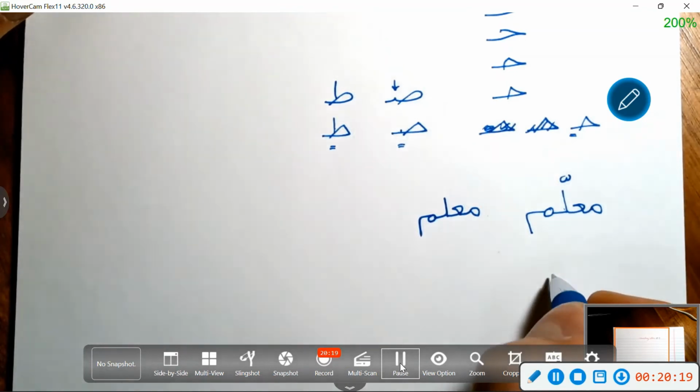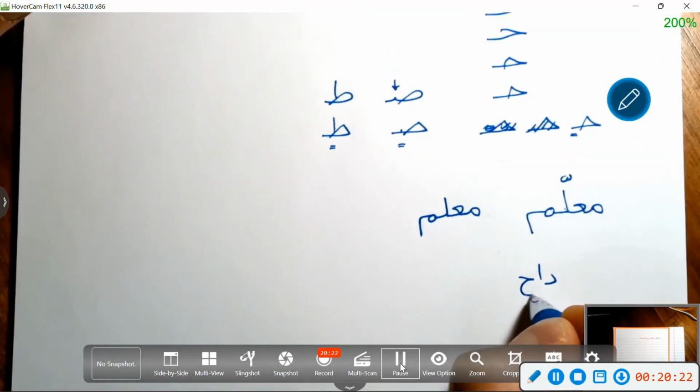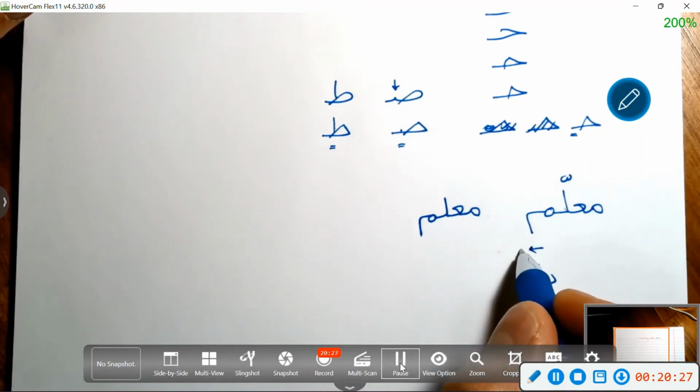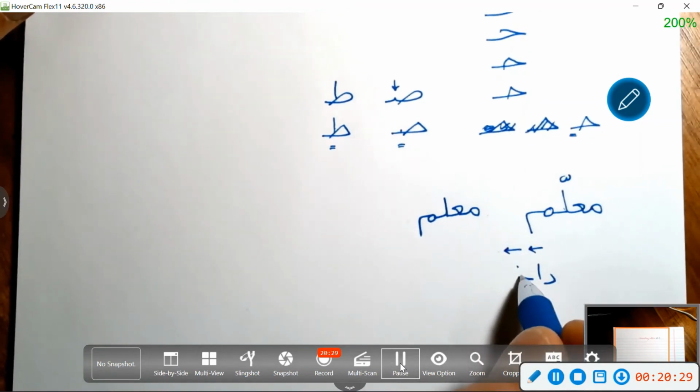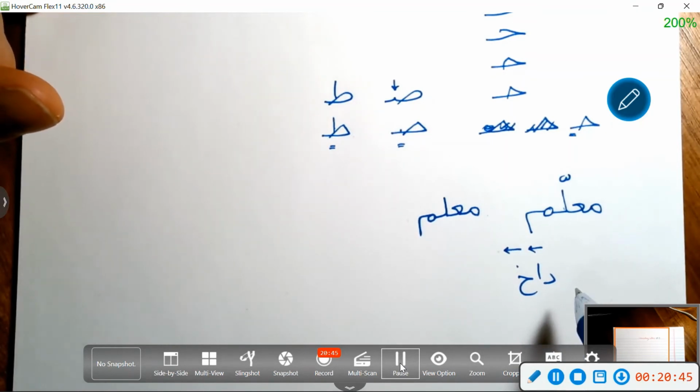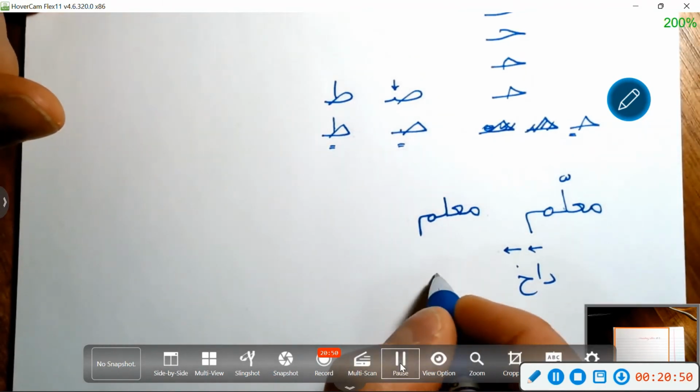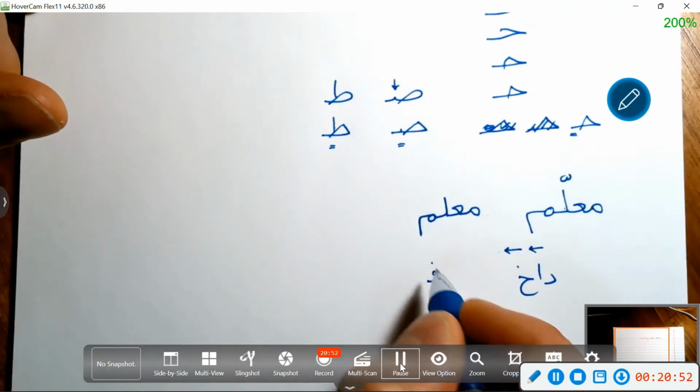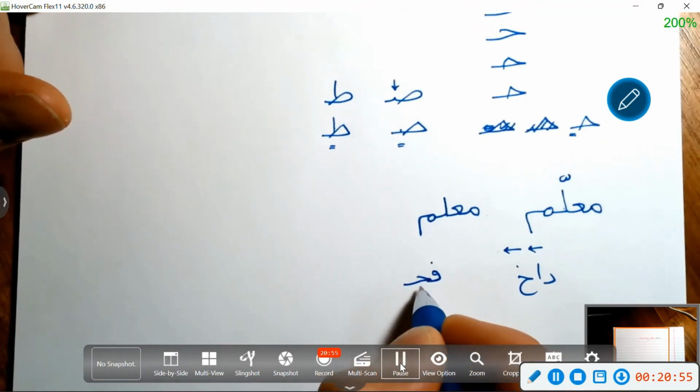Now let's analyze dakha, dal, alif, kha. Now, dal doesn't connect from left side, alif doesn't connect from left side. That's why kha here stood alone. And this is not the kha problem, this is the alif problem, because alif cannot connect with the letter that comes after it. That's why when we had, for example, Fajr, we connected the jim.